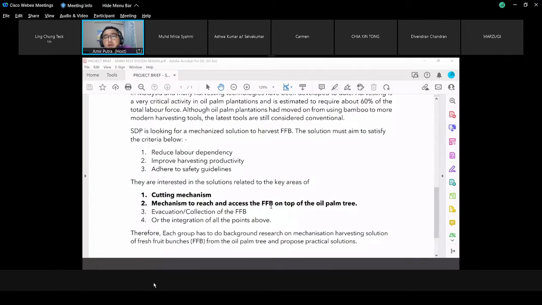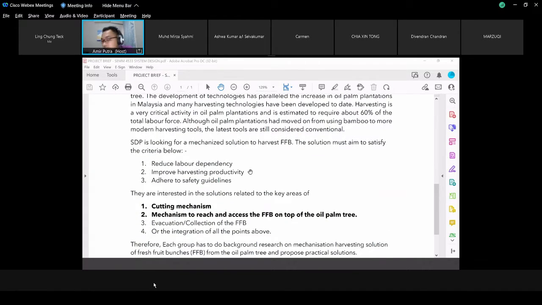For oil palm trees around 10 years and above, the fruit is around 20 to 30 kilograms on average. So you need to focus on these two things, and decide which group selects the first one and which group selects the second one. Is there any more question? You seem okay.